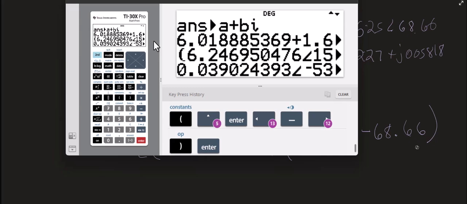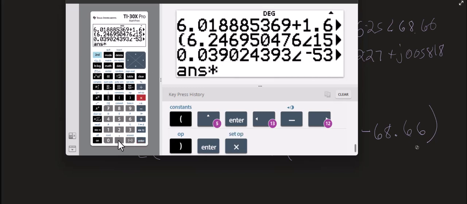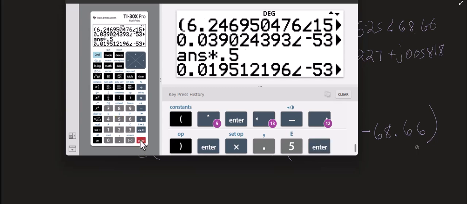I have the right I. I have the right V. I forgot my 1/2. Times 0.5. And now I have the right answer.